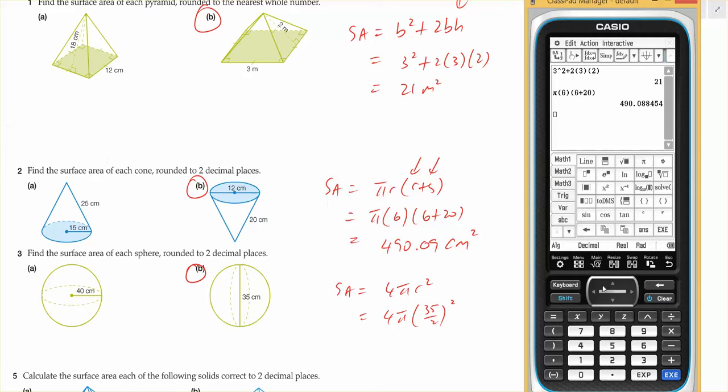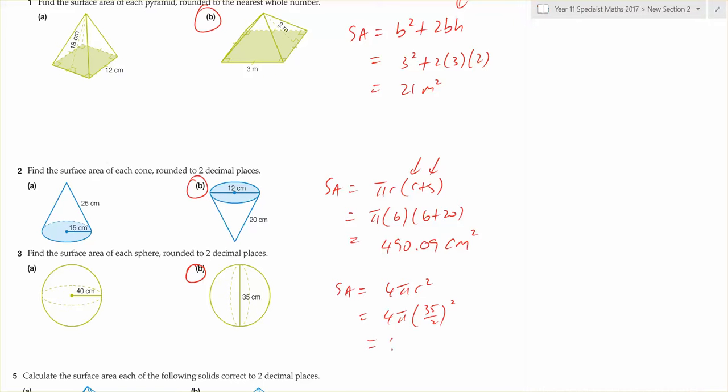So 4 pi times 35 divided by 2, squared, gives me 3848.45. And again, we need to be careful of our units.